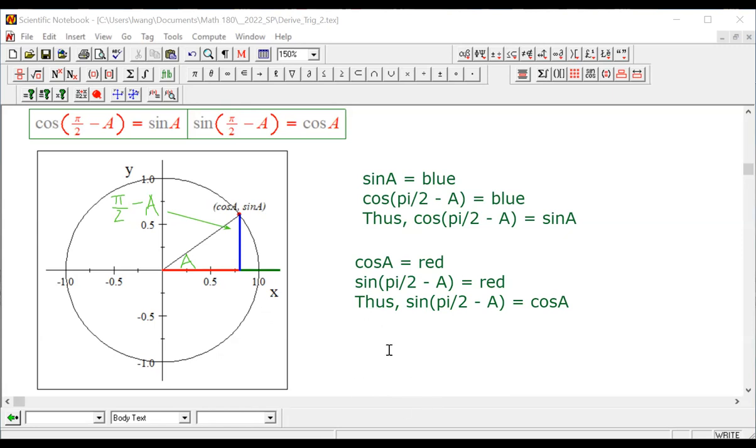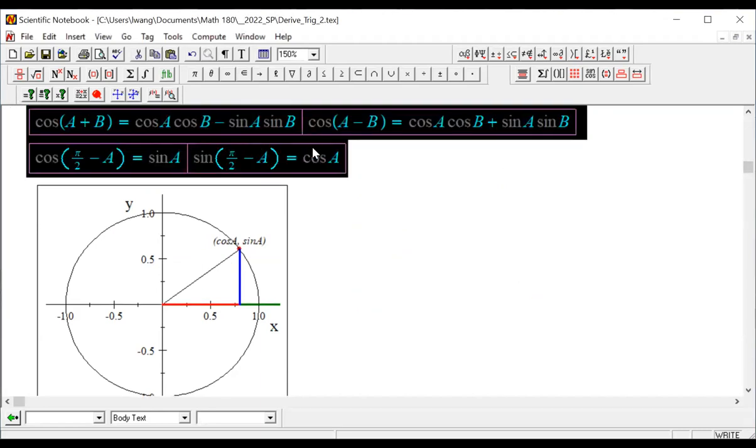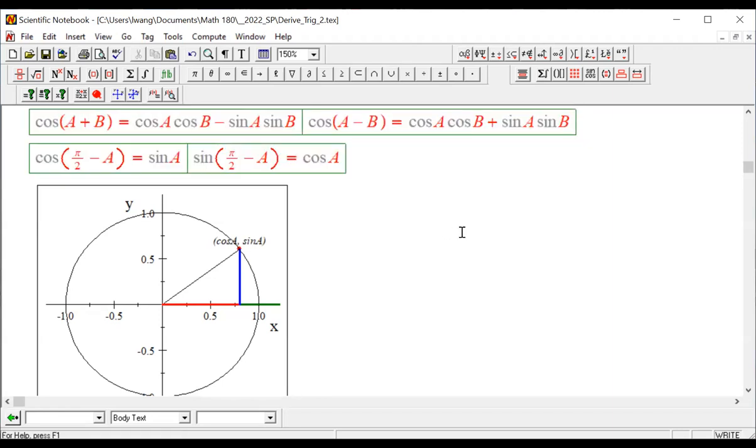Once we have these four, now we have four formulas, right? So what are these four? All of these. Okay. And next I want to show you our roadmap for this process of deriving.